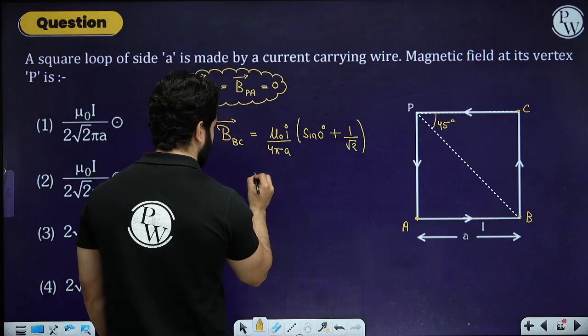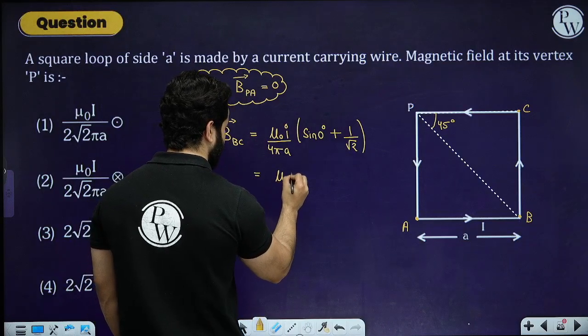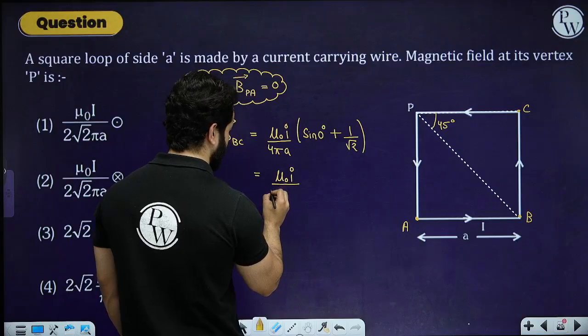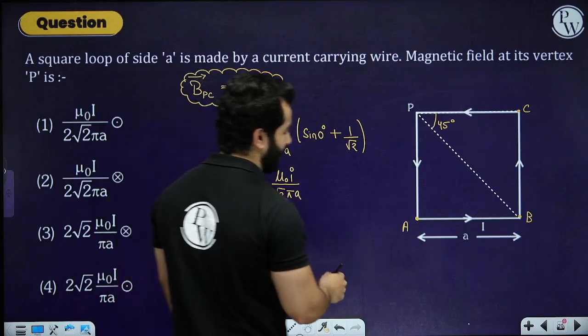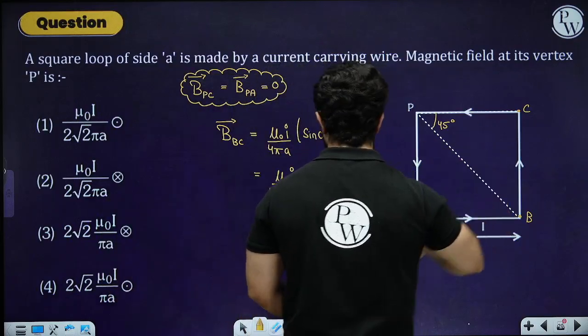So this will become mu naught I upon 4 root 2 pi a, and the direction at point P is going to be dot.